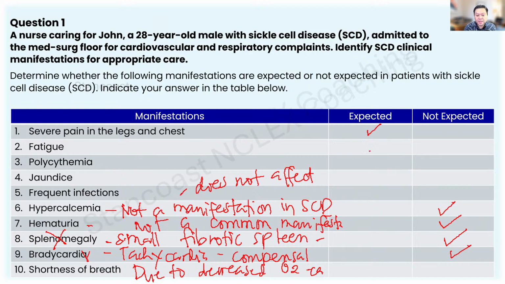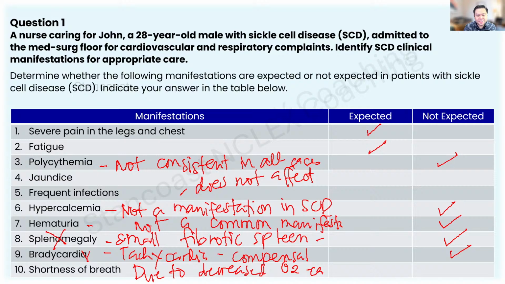Because of the chronic hemolytic anemia, it's expected. Polycythemia, like I've said earlier, is not consistent in every patient with SCD. Not consistent in all cases. So the polycythemia is going to be not expected.